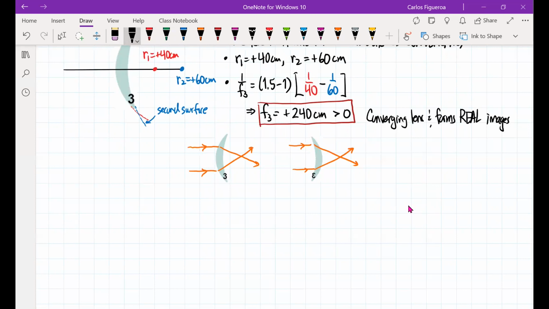And so this focal length right here is F3, right? That's the focal point, but the focal length will always be the same here from the center to here. In this case, this is 240 centimeters.